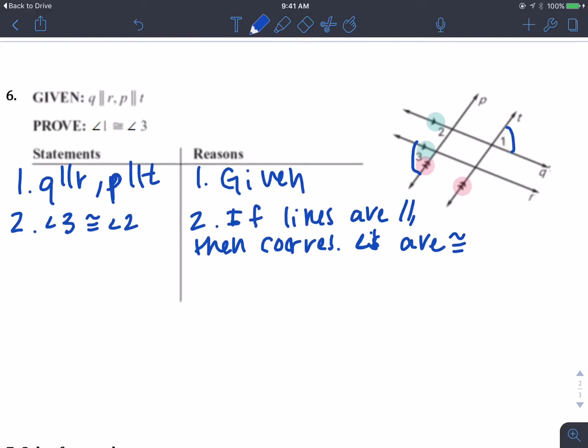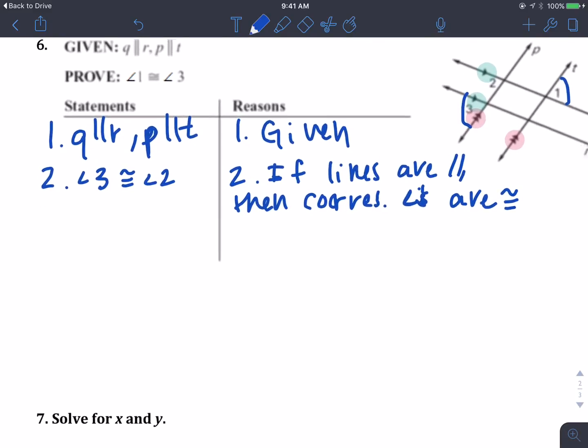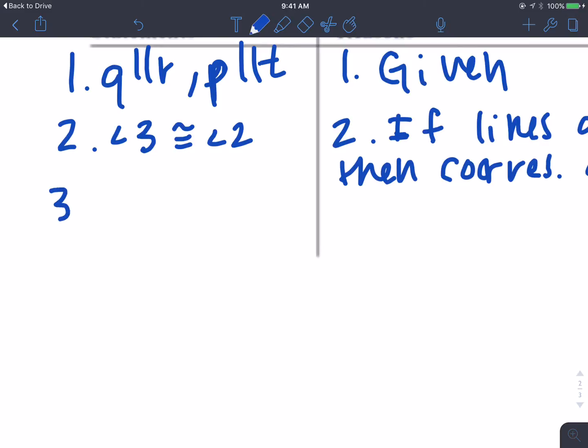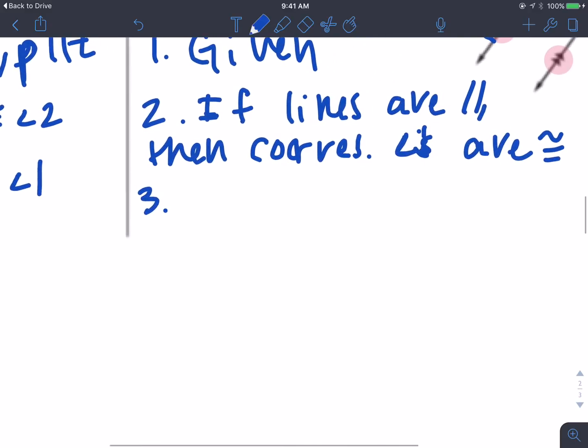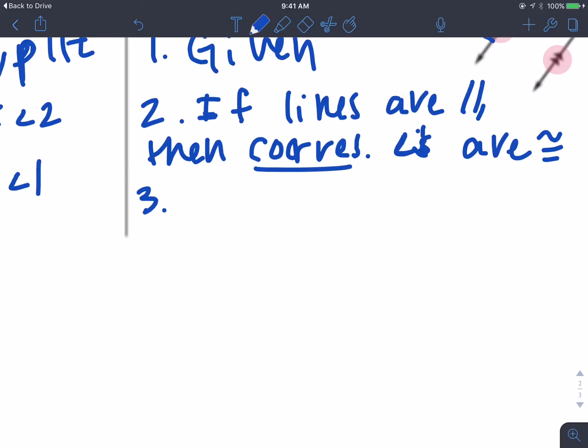Now looking at the picture, how are 2 and 1 related? Well, 2 and 1, they are alternate exterior because they're outside the parallel lines P and T, and they're on opposite sides of the transversal Q. So step 3, I'm going to say that angle 2 is congruent to angle 1, and then very similar, now instead of corresponding, I'm going to say alternate exterior.